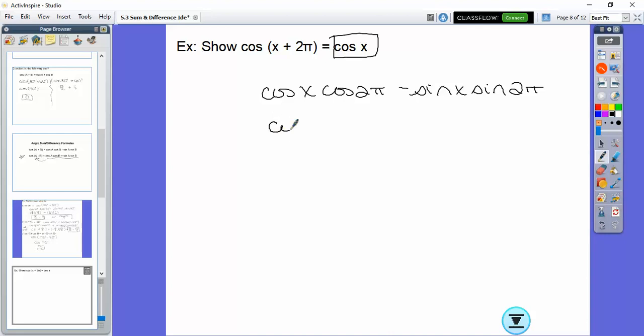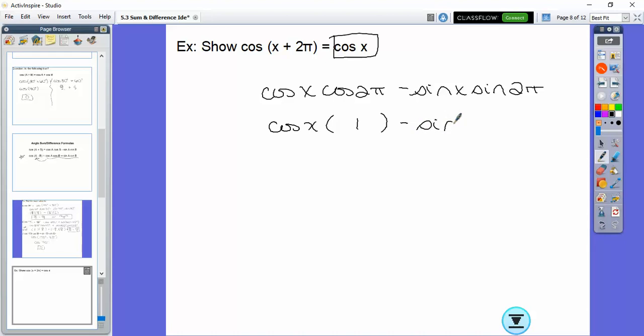We don't know cosine of x, but cosine of 2 pi we can figure out. 2 pi is the same place as 0. Cosine of 0 is radical 4 over 2, so 2 over 2, which gives us 1.